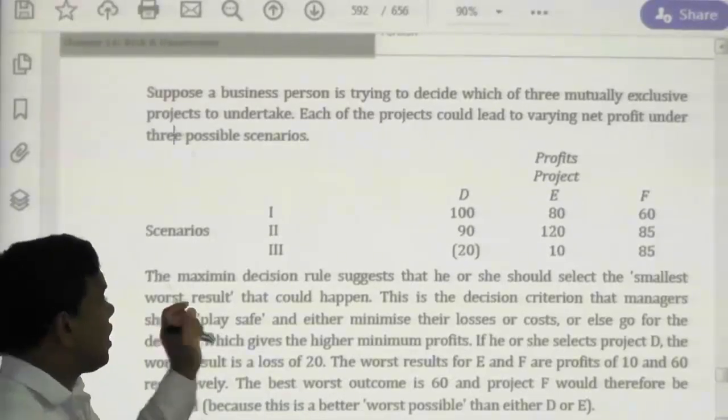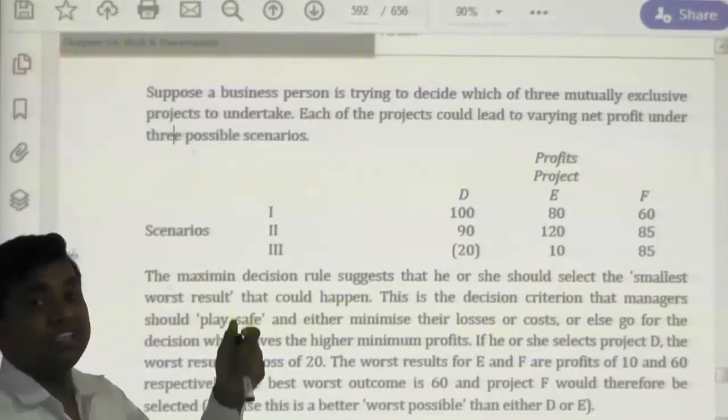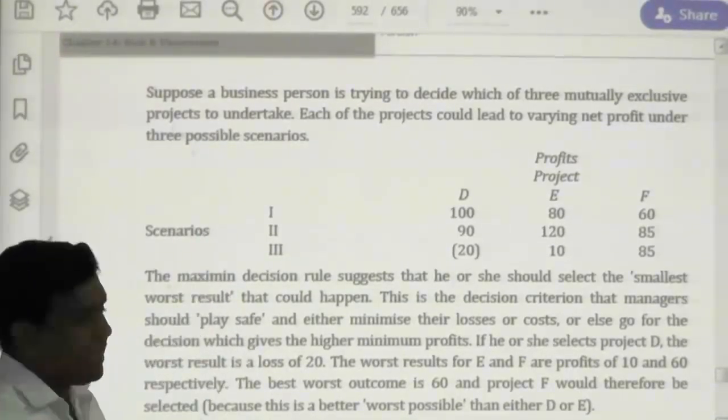Now you have 3 minimums. Out of these 3 minimums, you will select the highest. That's why it's called maxi-min.